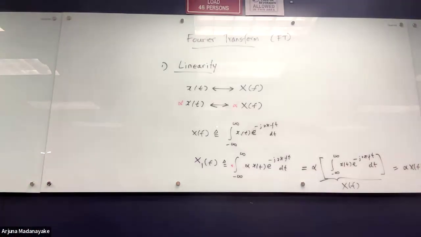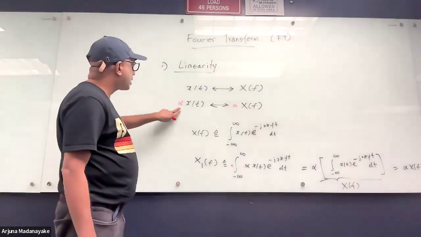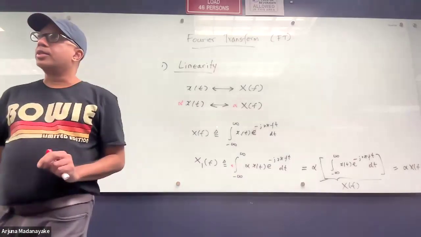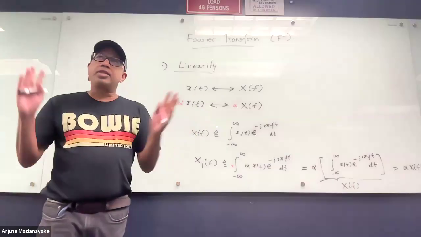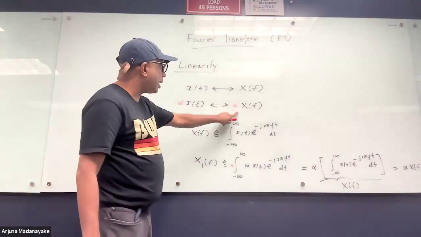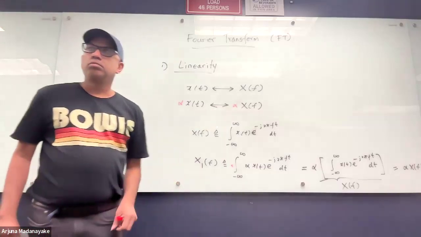So the take-home message is that if you have a Fourier transform capital X of f for small x of t, and I scale x of t by a constant, small or large, it doesn't really matter, any constant, that constant similarly scales the frequency domain.